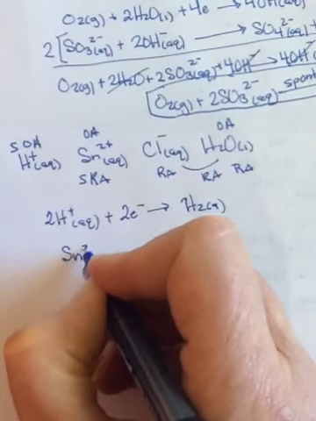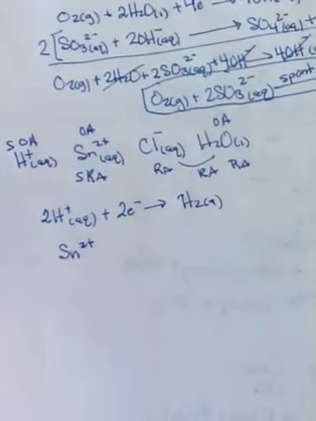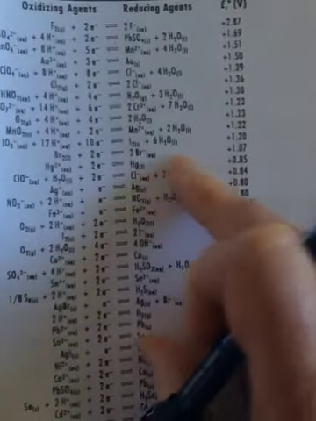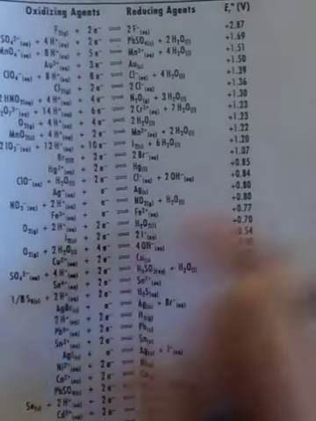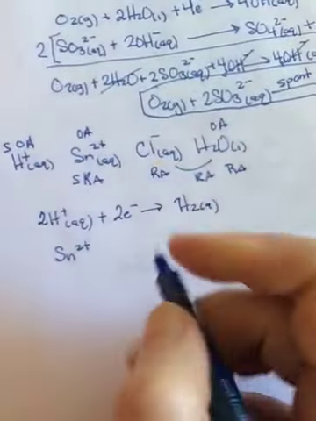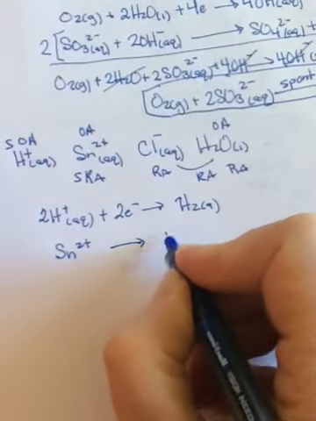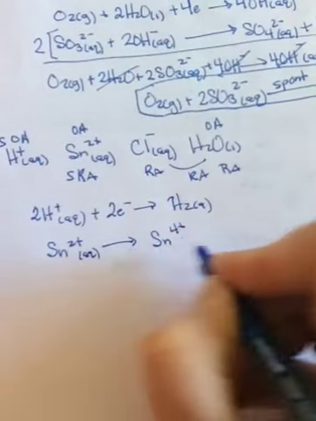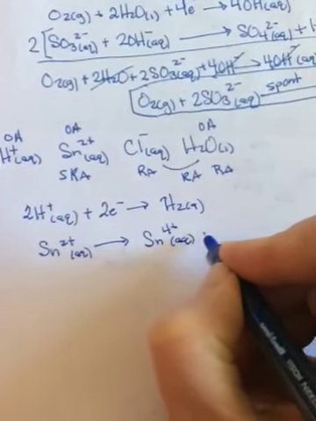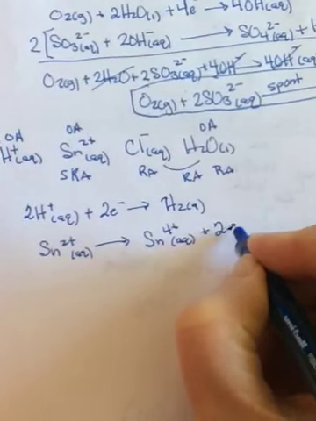It's the Sn2+ on the right-hand side going to Sn4+ aqueous plus 2 electrons.